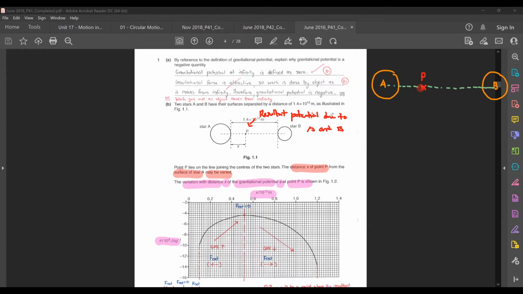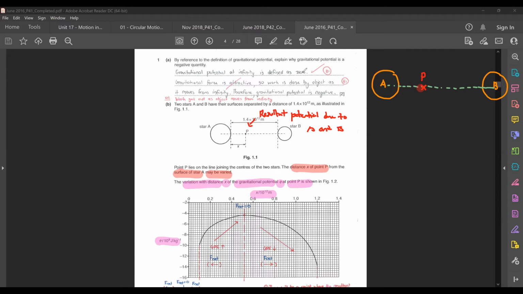Okay, so how are you going to find the resultant potential due to A and B? In any kind of field, gravitational field, electric field, and magnetic field, you will usually need something to test a point inside the field. In our case, when we want to test a point inside a gravitational field, we will need to use a test mass.